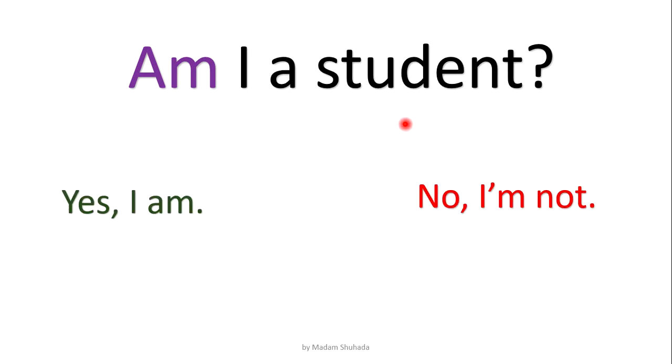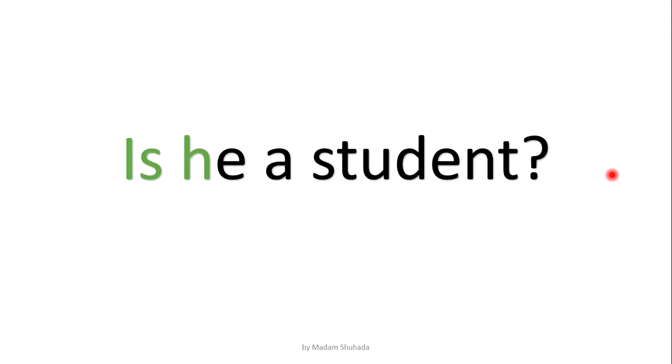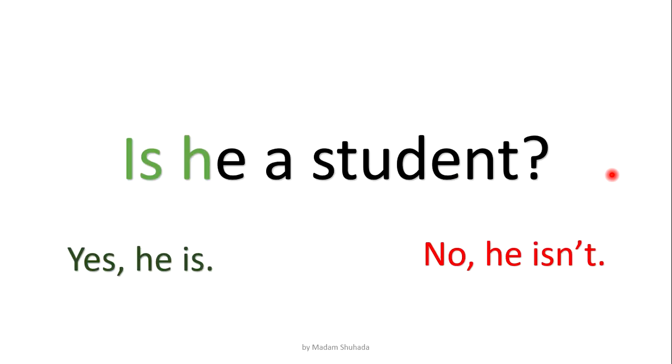Yes, I am. No, I'm not. Okay, so when there is a question, there should be an answer as well. If yes, you will answer yes, I am. If not, no, I'm not. Is he a student? Yes, he is.